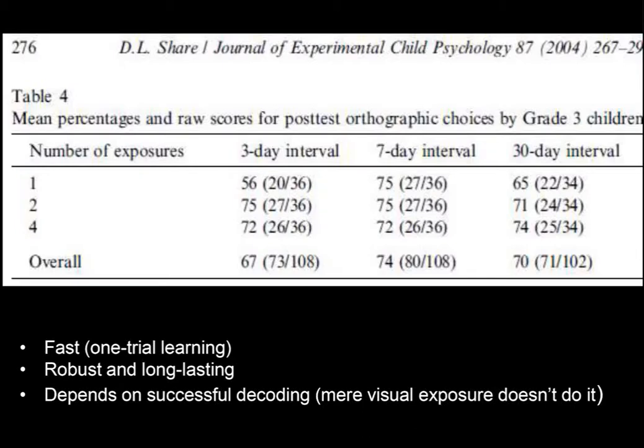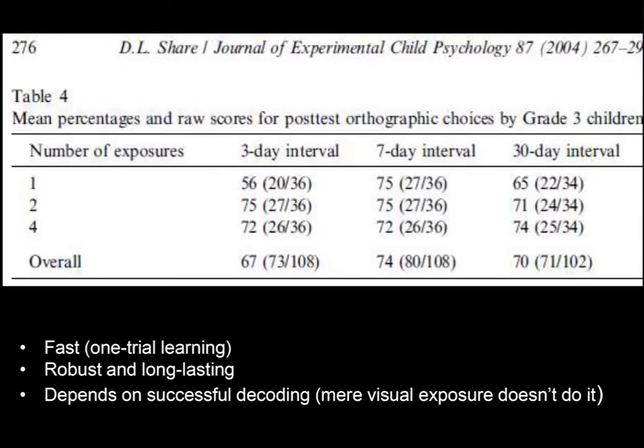This is the kind of data that he presented. He had children read text passages, and there were novel words that children could decode. They would decode a novel word, and it would fit in some sort of semantic category. Even if they were presented with that word only 2 times, they read this passage, they don't know what the task is about.